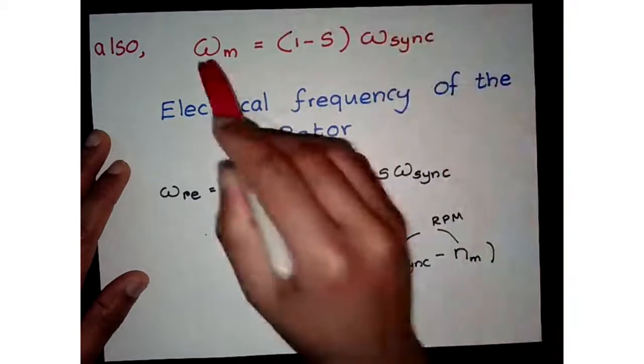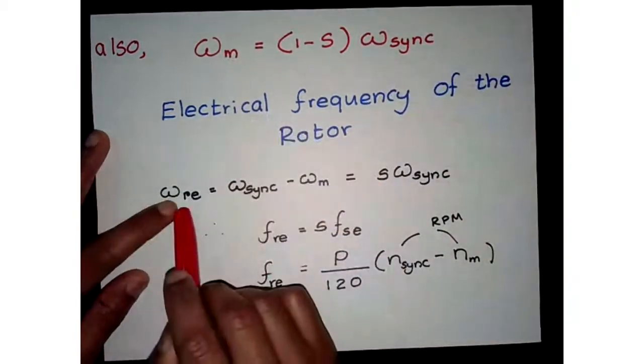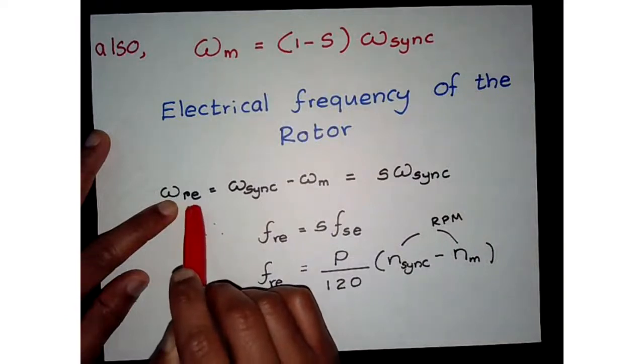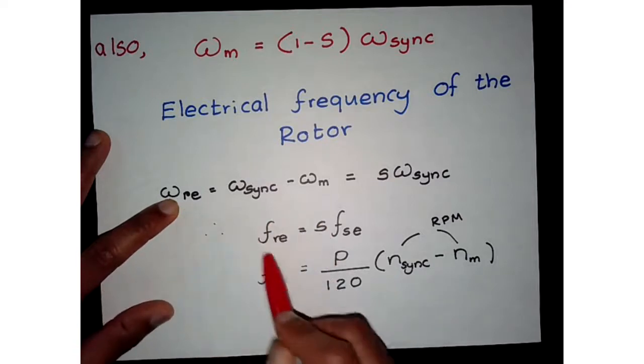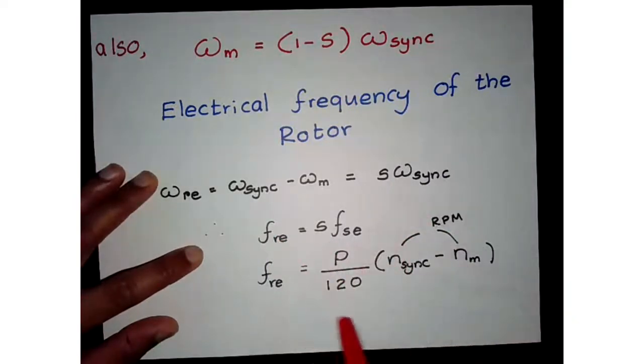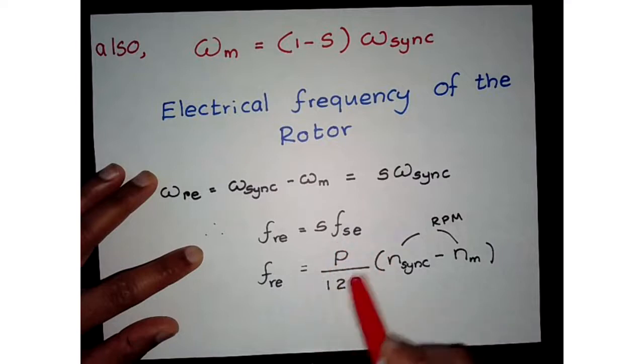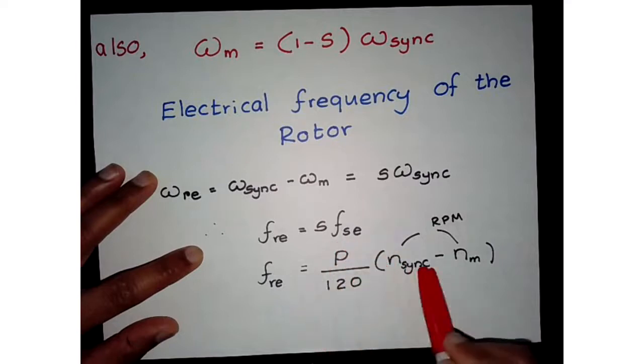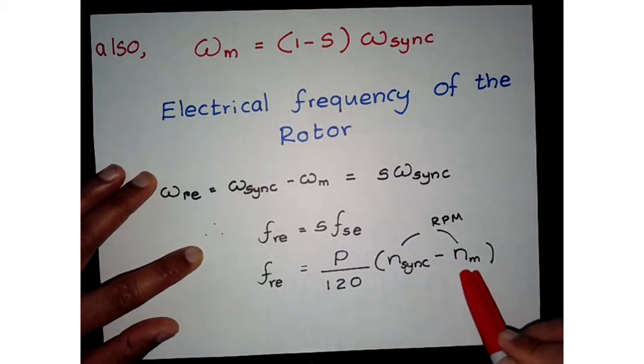It's different from this because this is motor speed and this is the rotor electrical speed. Looking at the frequency f_re, we can convert it into this form: P, the number of poles, over 120 times synchronous speed minus motor speed.